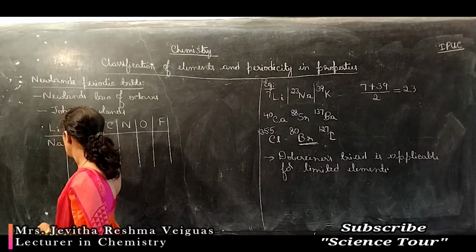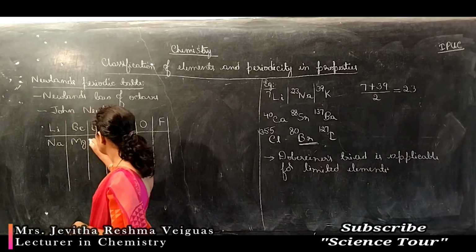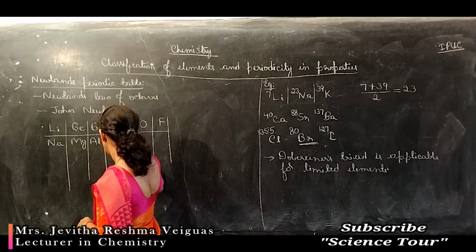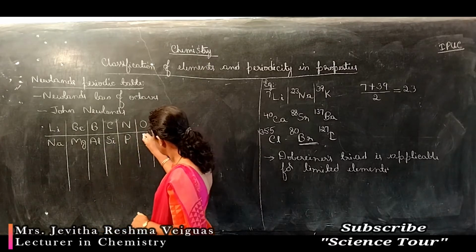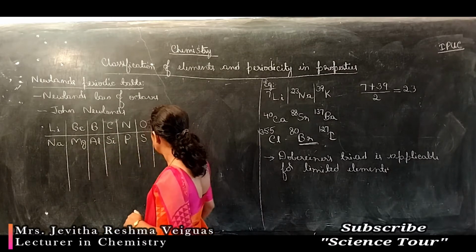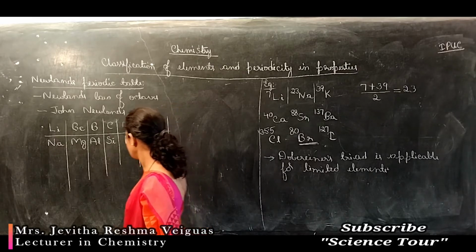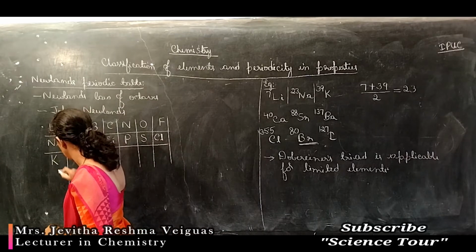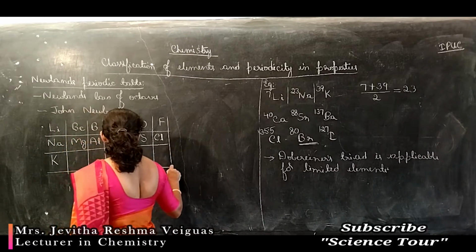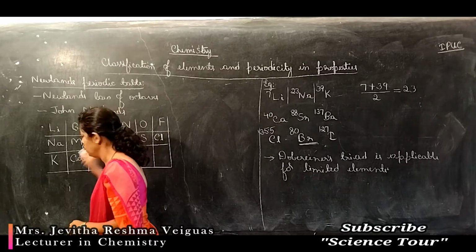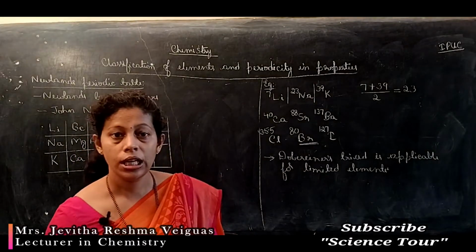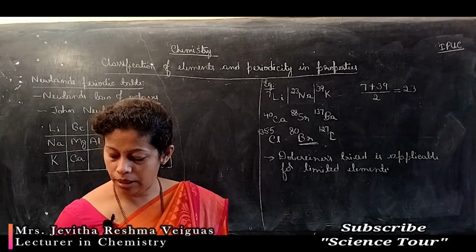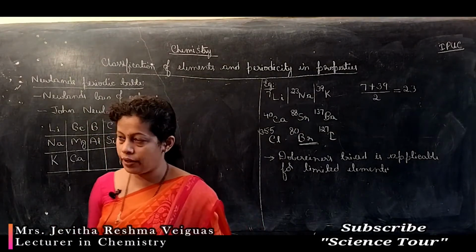After sodium, magnesium comes, then aluminium, then silicon, then phosphorus, then sulfur, then chlorine. After which, the next element is potassium, and the next is calcium. See, so many elements he placed in his periodic table, in the increasing order of atomic weights.